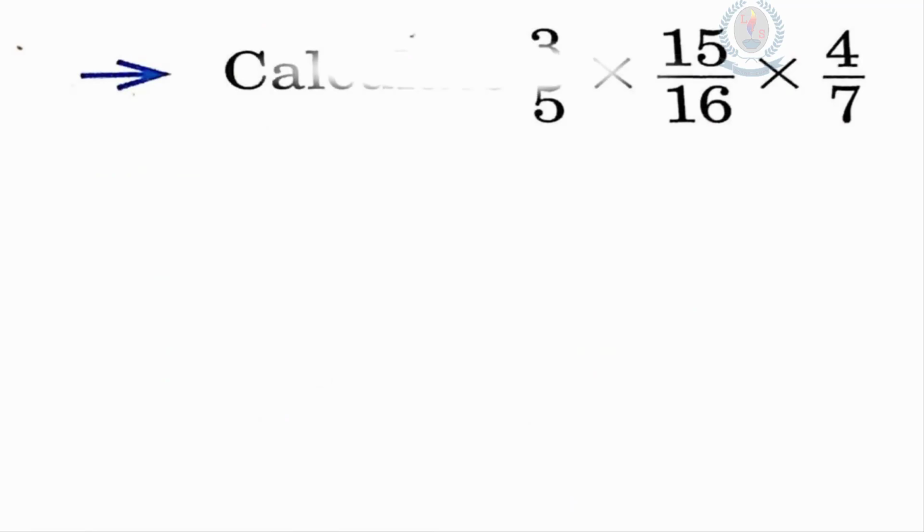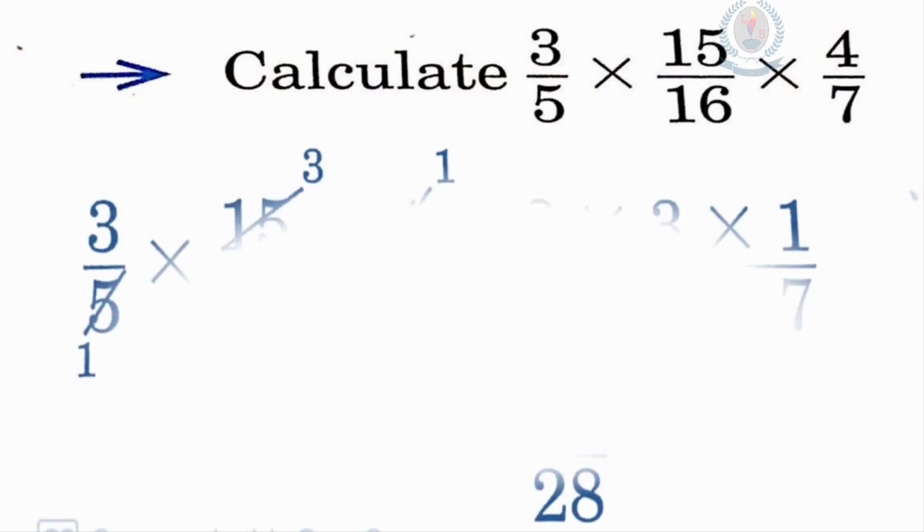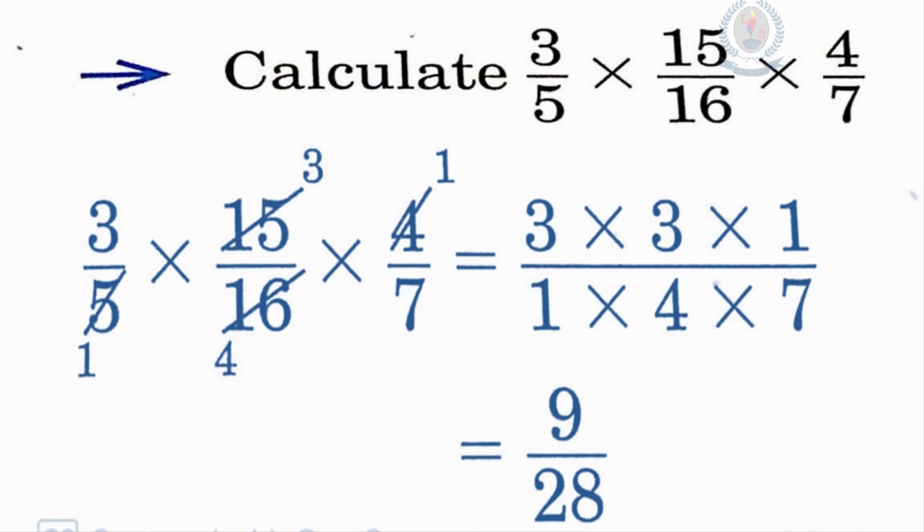Children, let's look into another example. Calculate 3 over 5 multiplied by 15 over 16 multiplied by 4 over 7. Here you can see there are 3 fractions. Children, remember, multiply two numbers and then multiply the result by the third number. Let's look into the answer. Here you can see the first fraction's denominator and the second fraction's numerator can be simplified by 5.